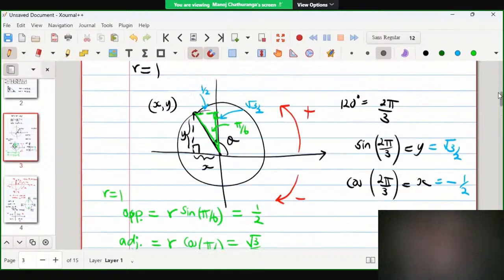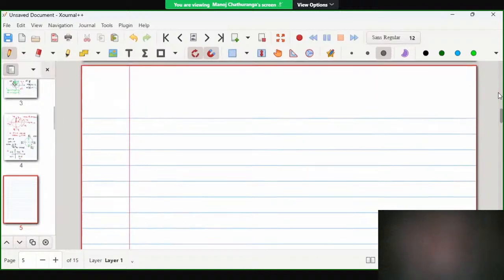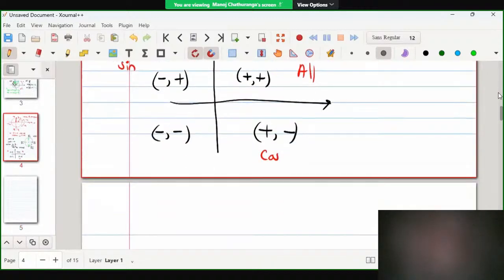So far we discussed only sine and cosine functions. In calculations we see a lot of their combinations. Sometimes they are quotients, sometimes they are reciprocals.